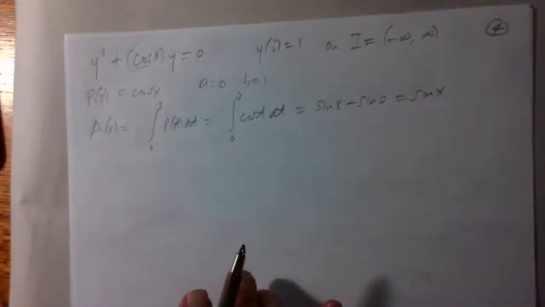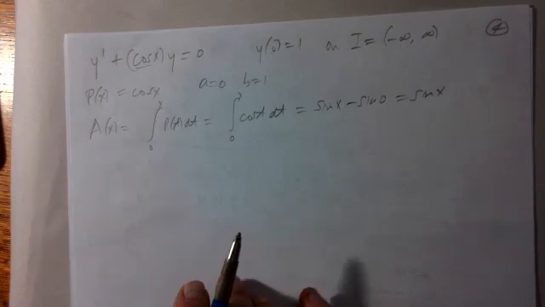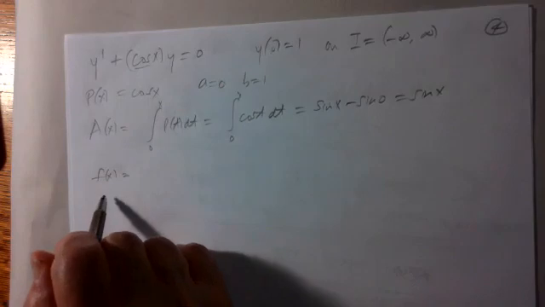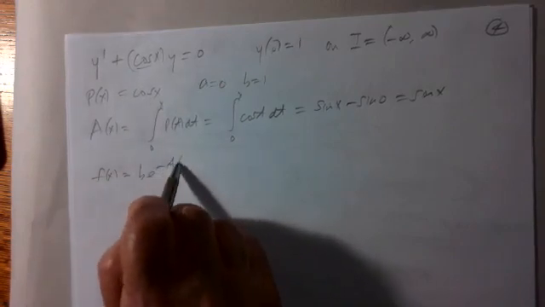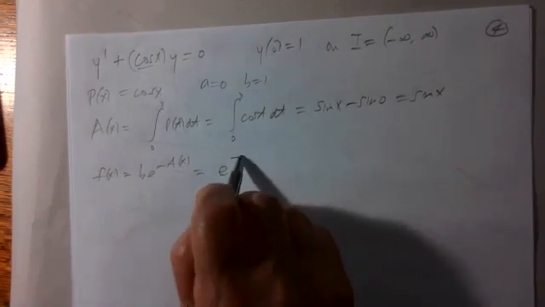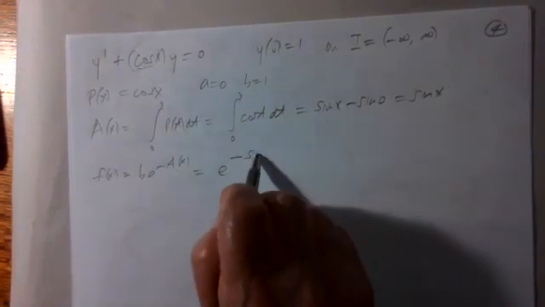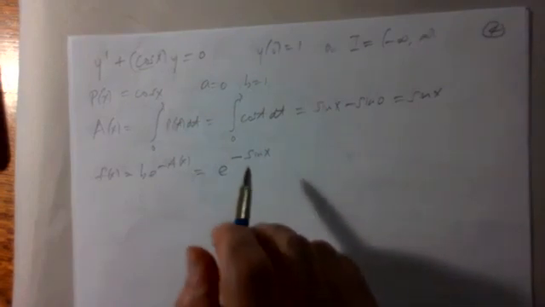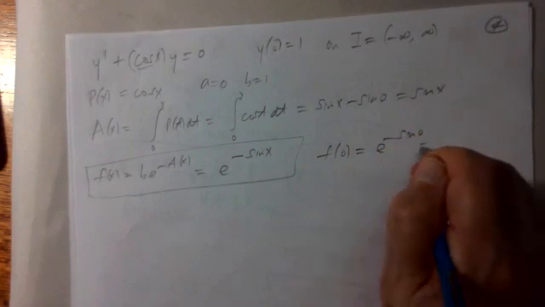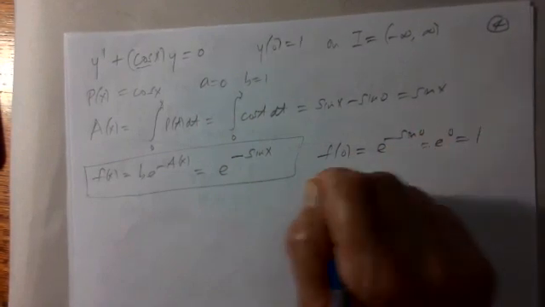So what is the solution of the differential equation? F of x is equal to b e to the minus a of x. B is equal to 1, e to the minus sine x. That's the unique solution of this differential equation with the property that f of 0, which is e to the minus sine of 0, which is e to the 0, is 1.